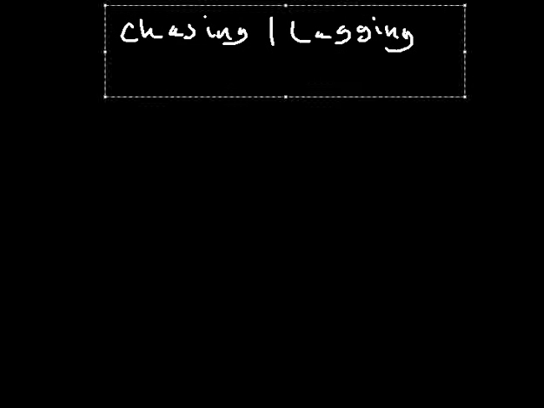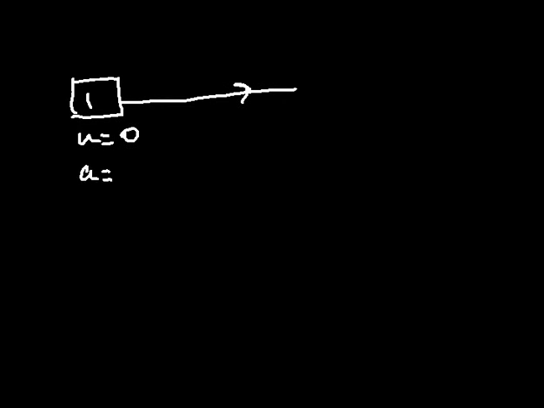Let's say we have this as object 1, and it is moving towards this direction from rest, with initial velocity u equal to 0, and a constant acceleration of, let's say, 4 meters per second squared.